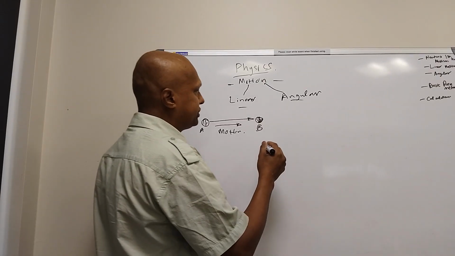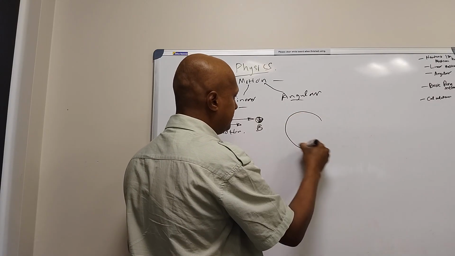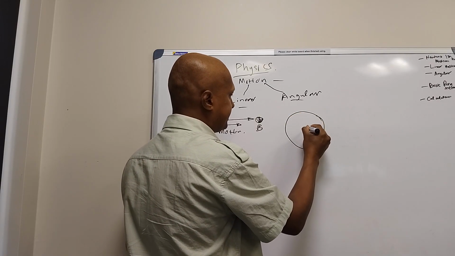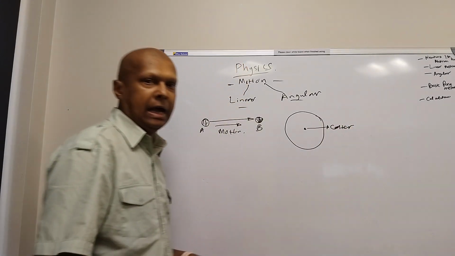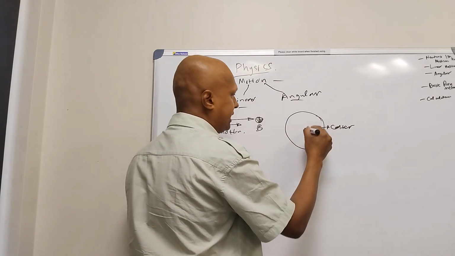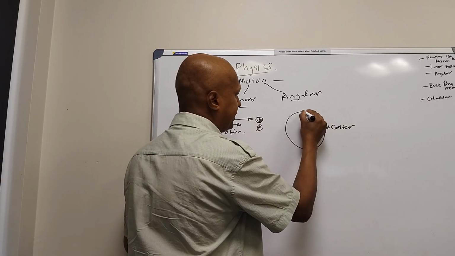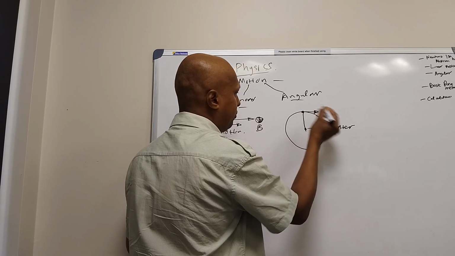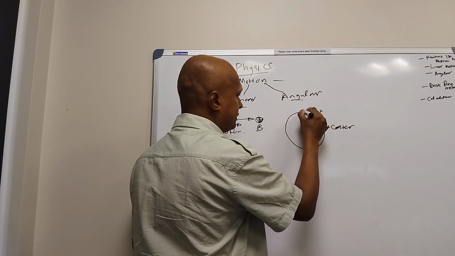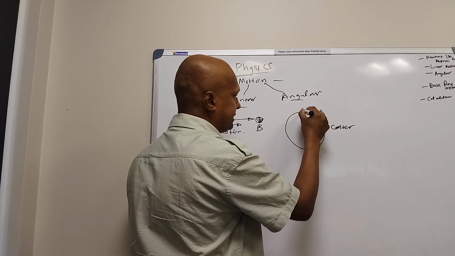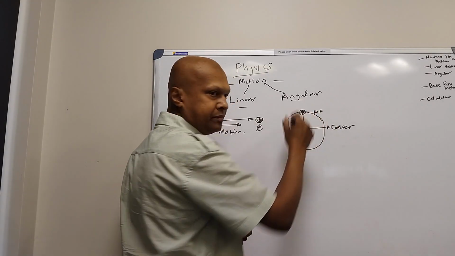And for angular motion, if you consider a circle, and that's the center, angular motion is when you have a force applied from that point to an object, and it's attached there, so it keeps moving along the circular line.